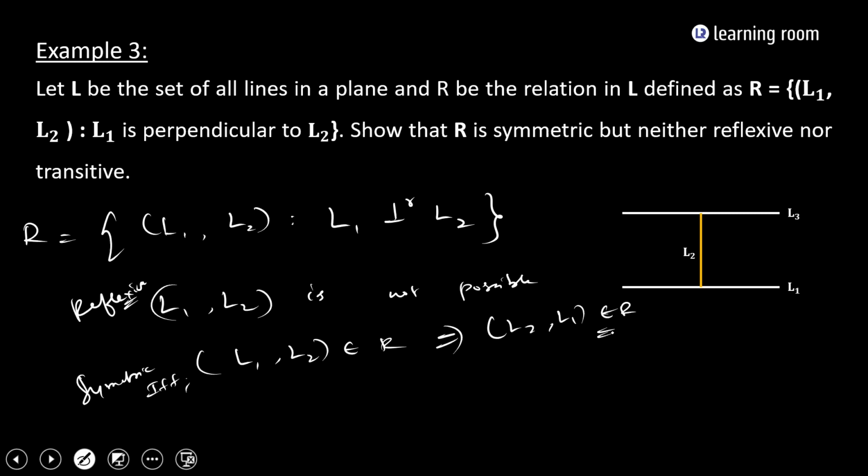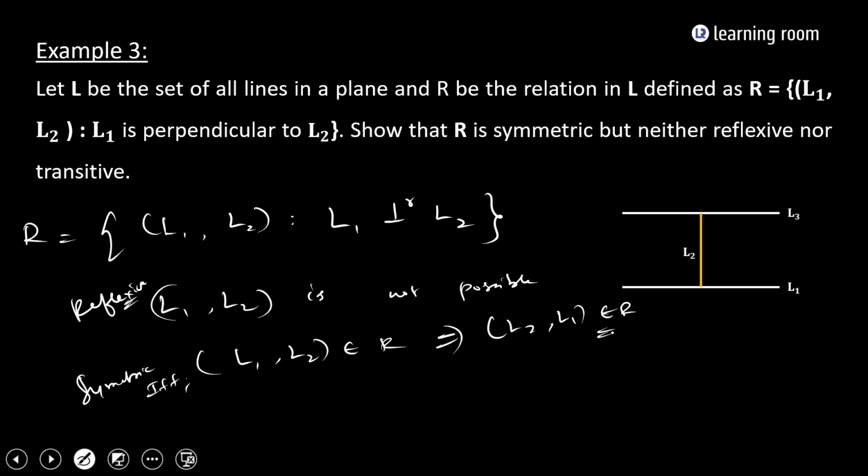Yes, sir. Because if the first line is perpendicular to the second, the second is obviously perpendicular to the first. That is why they are symmetric. That is why I'm putting a double F here. If L1 comma L2 belongs to R, that is an assumption. I'm strongly believing that this is true. Then my proof should give me the reverse answer also. Then it will be symmetric.